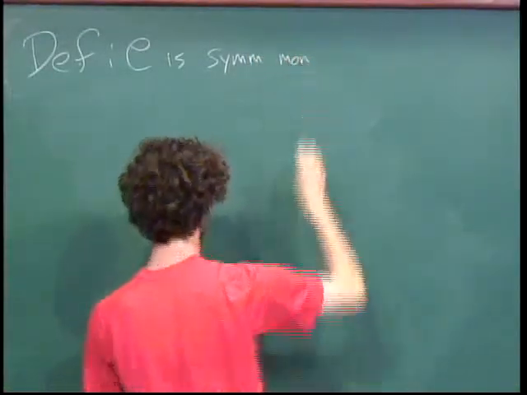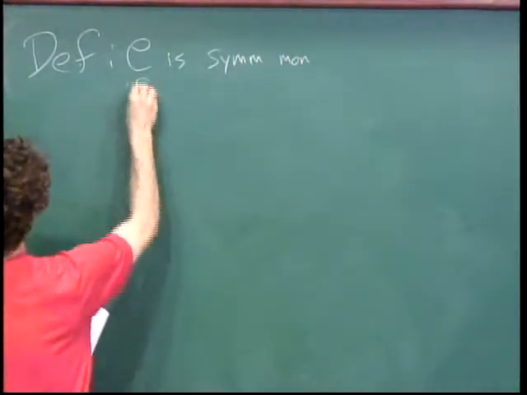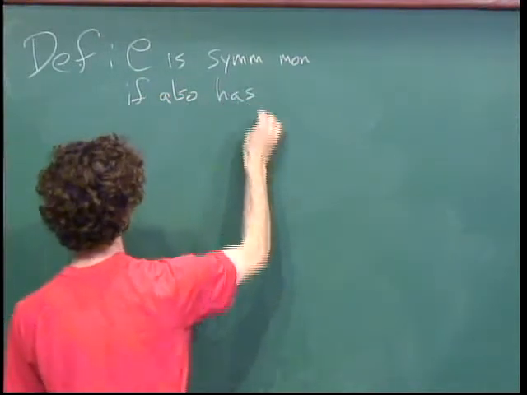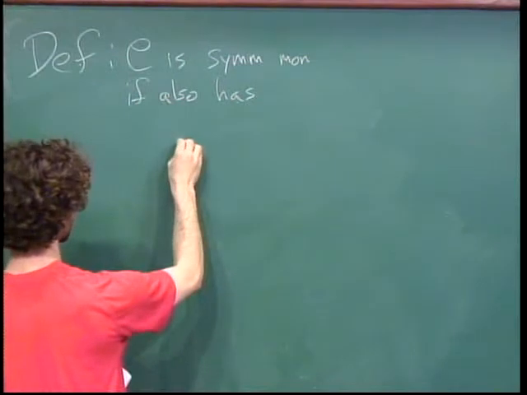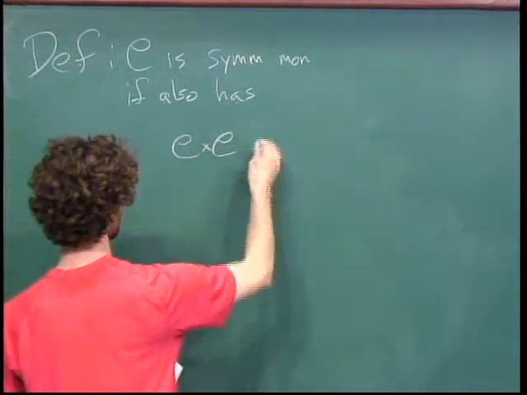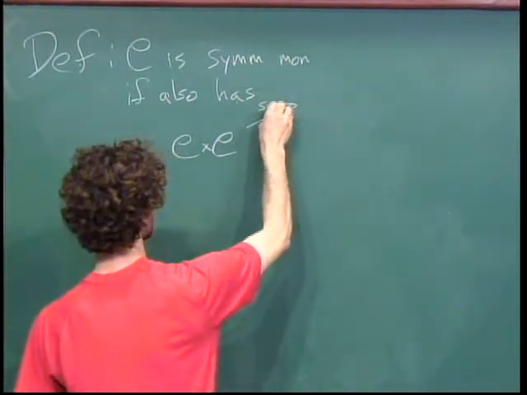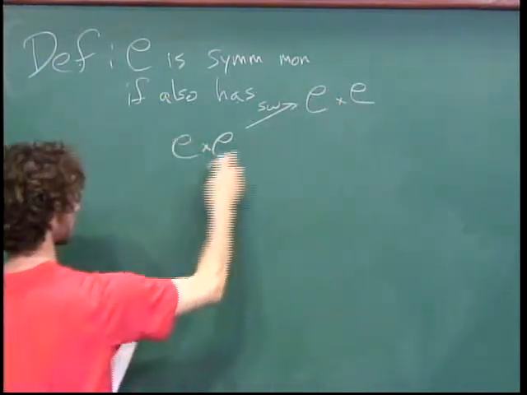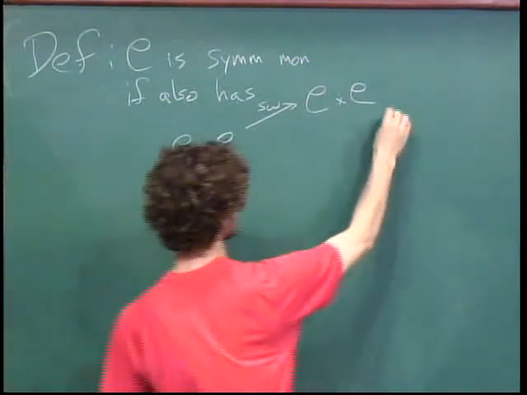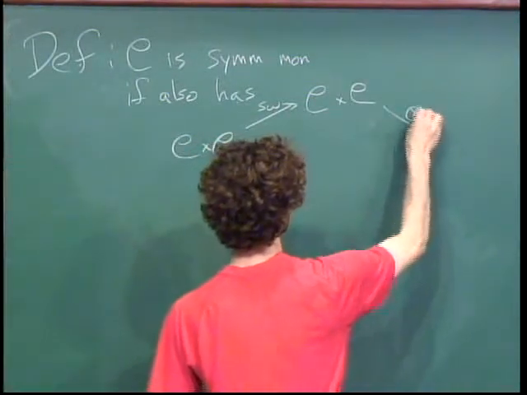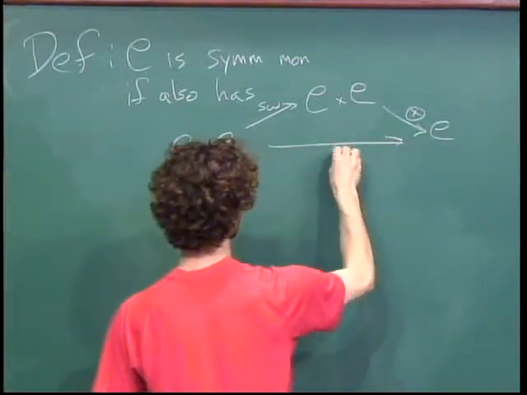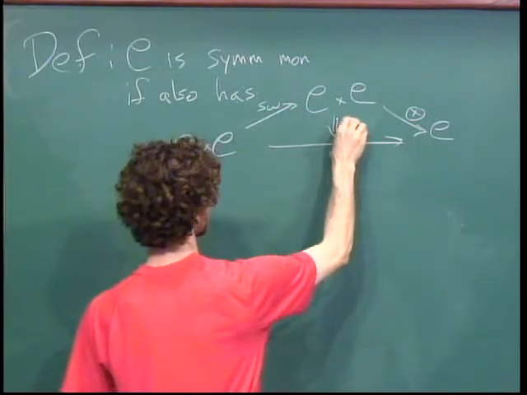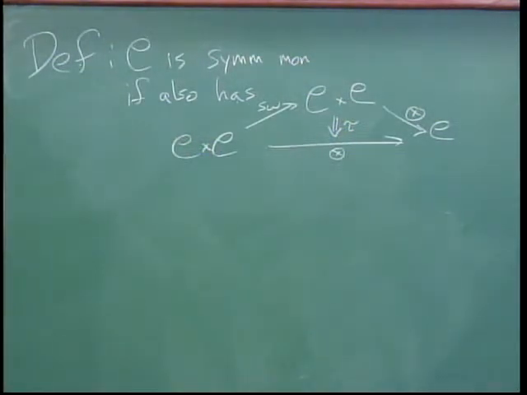C is symmetric monoidal if, in addition to all of that, it has a symmetry operation. So what's that? If I have 2 objects, I can switch their places, putting the first one in the second place and the second one in the first place, and then multiply them. Or I can just multiply them straight off, and I want a natural transformation tau between those 2 different things you can do.